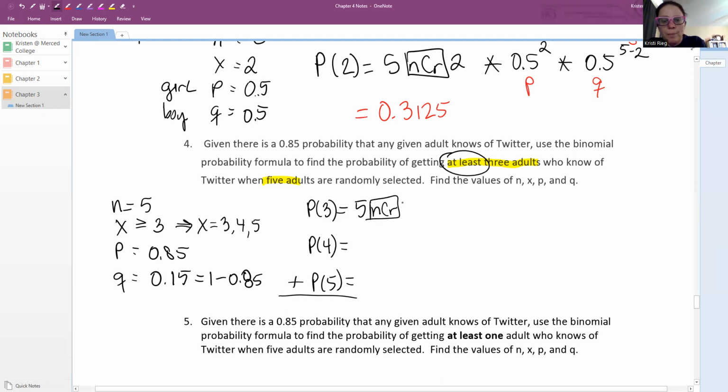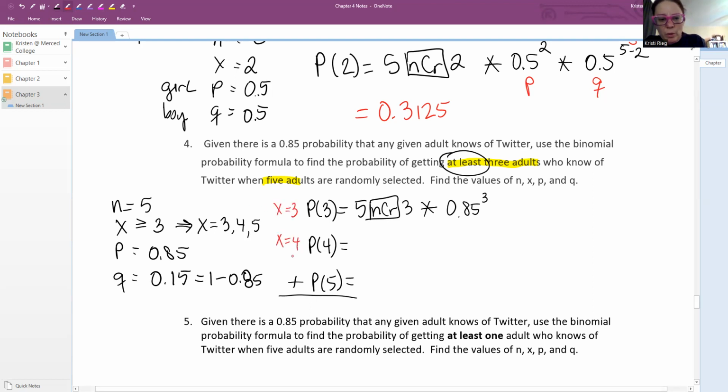All right, so the first one is 5 NCR 3. I feel like we already, but this is example 1, isn't it? Okay, we already did this one. I'll write it out anyways, but we'll copy our answer from above. And then we have P to the X power. X is 3 in this example. And let me just write out the X's so we know. That's X equals 3.